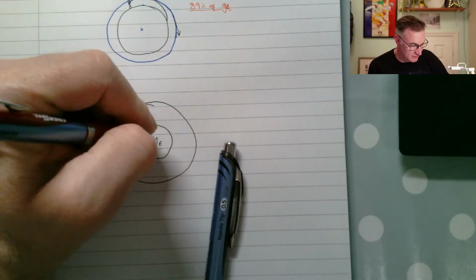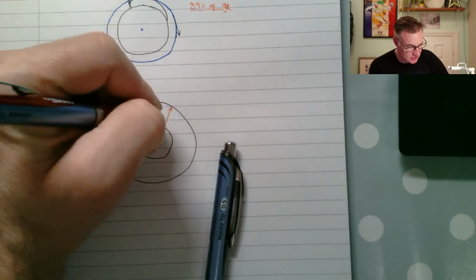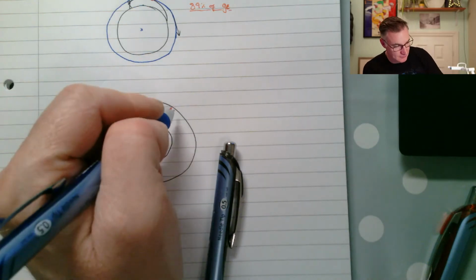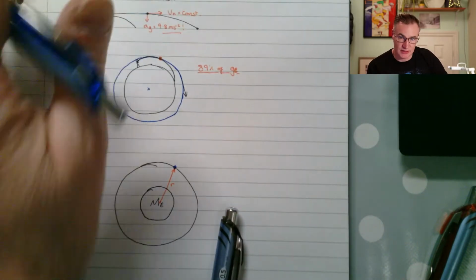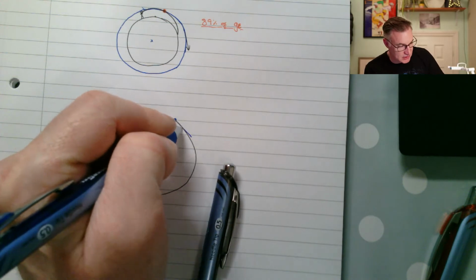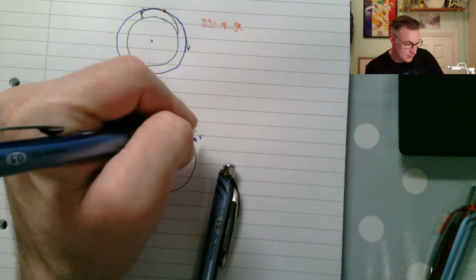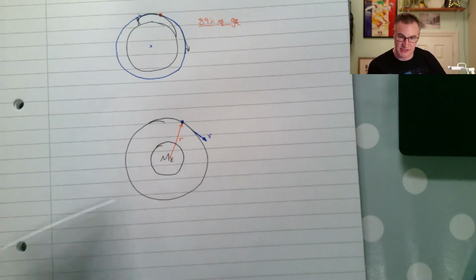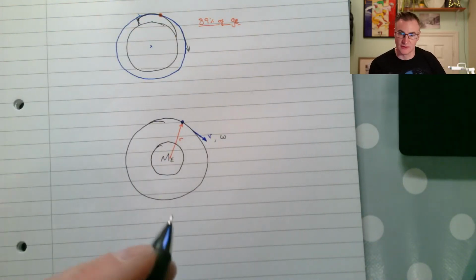We can have the radius, the distance from the center of the Earth that this satellite is in orbit. Now, it has its constant horizontal velocity, but what we'll actually call this is tangential velocity, and this is v. If it has tangential velocity, it's moving in a circle. It will also have angular velocity, which is omega.